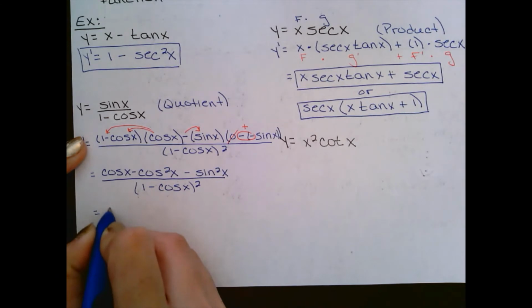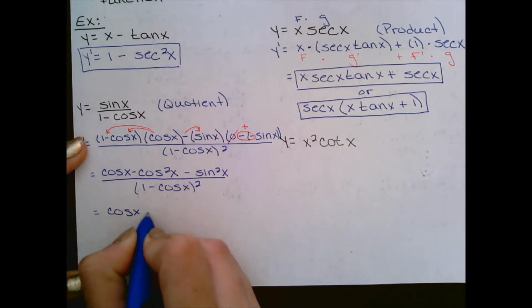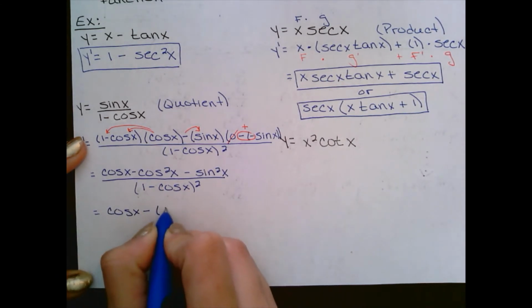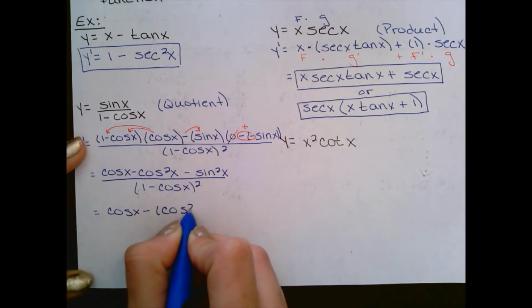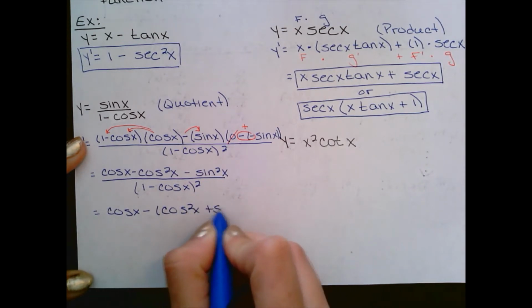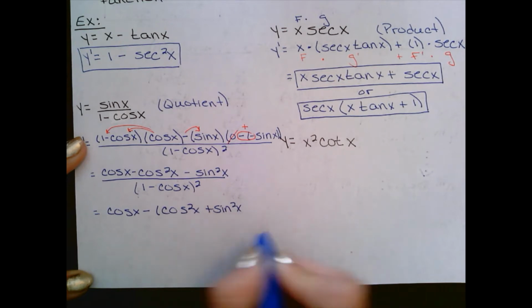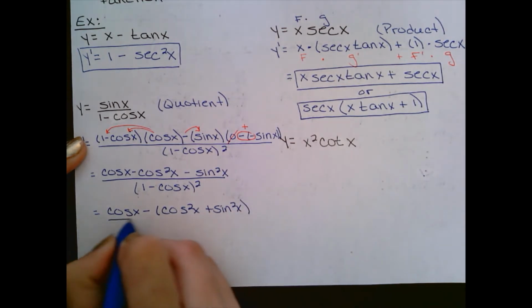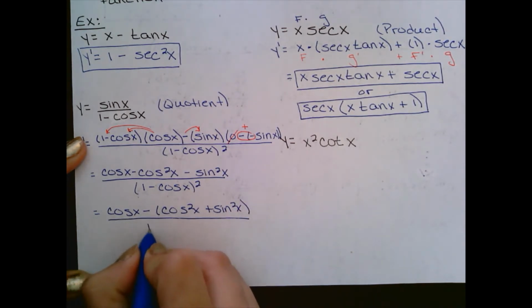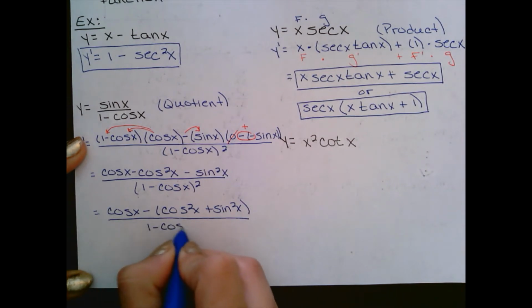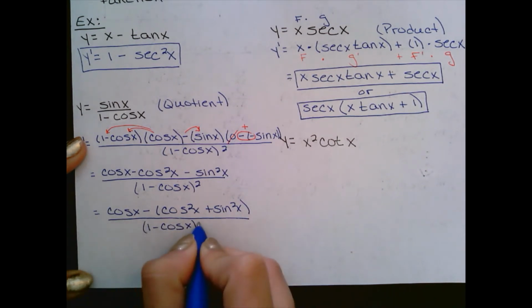So I could say cosine of x minus, and then I could say cosine squared plus sine squared over 1 minus cosine of x squared.